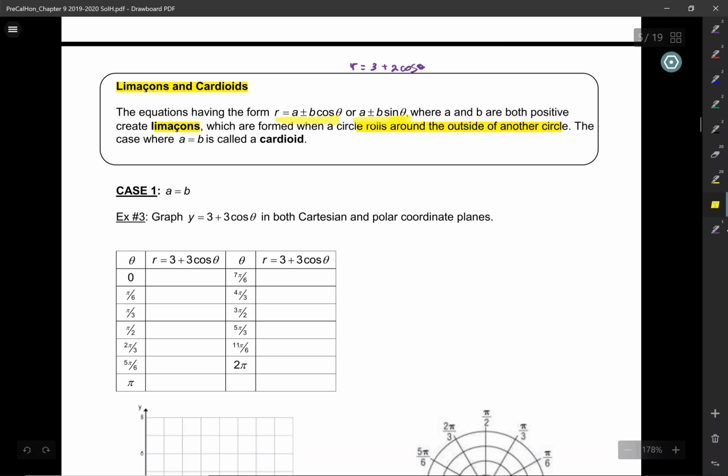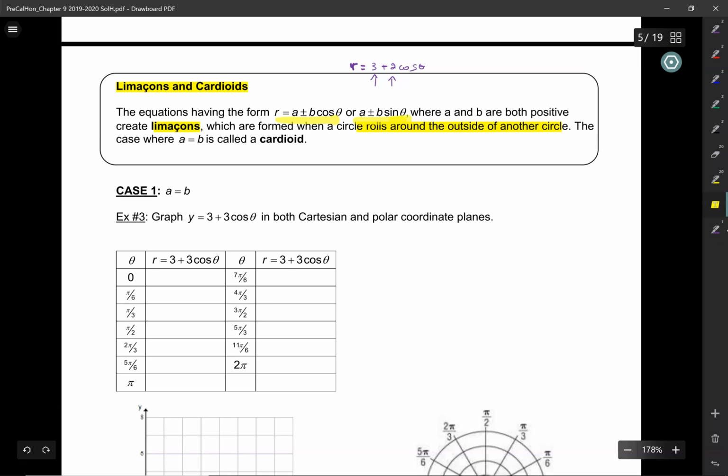Now, when you see an equation like this, I erased it, I didn't mean to erase it. So when you have, let's say, 3 plus 2 cosine theta, here is A and here is B. And you can see that A and B can either be equal to each other, or A can be bigger, or A can be smaller, right?